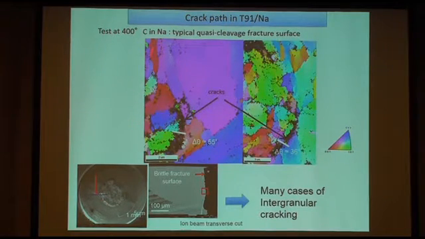So here it's not really nano, but it was already a challenge a few years ago before we could prepare the samples correctly. But for example, in this case, T91 in contact with sodium, we could find out that the cracks would run in an interlath way, and also we would have some evidence of intralath cracking.